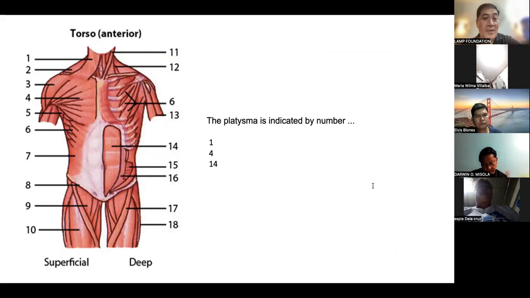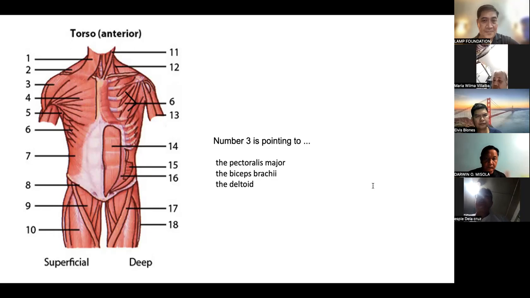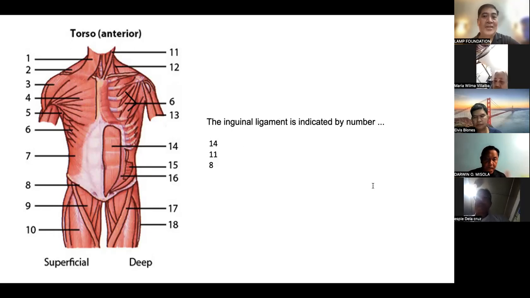Platysma is indicated by number 1. Number 2 is pointing to the trapezius. Internal oblique, number 16. Rectus abdominis, number 14. Transversus abdominis, number 15. Number 3, the deltoid. Inguinal ligament, number 8.